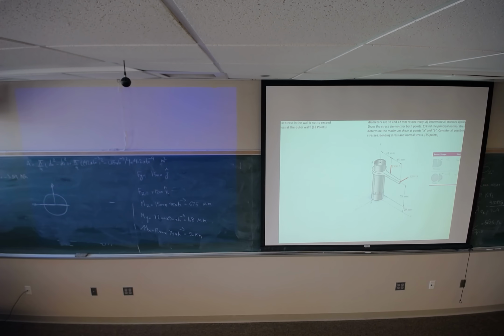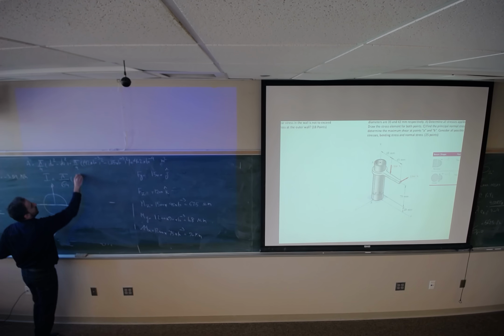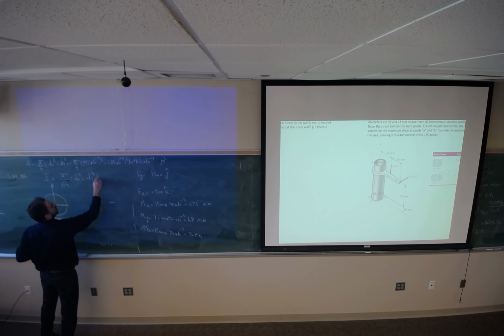Sigma is gonna be MC divided by I. MX is 90. C is DO divided by 2. And I is pi divided by 64, DO power 4 minus DI power 4.